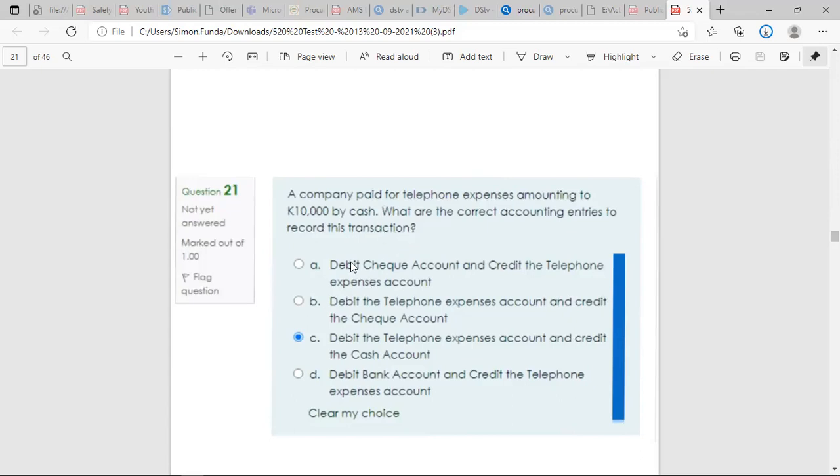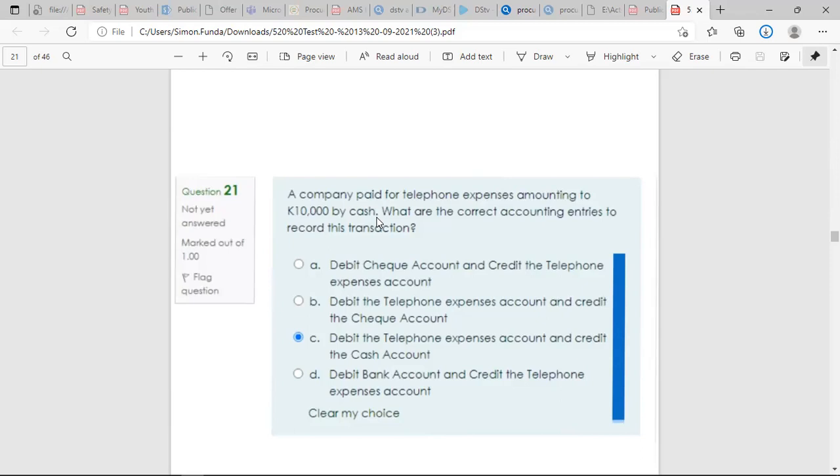So when you are opening the ledgers that are affected by that account, you need to have in mind that it has two aspects, the debit aspect and the credit aspect. So when a company pays telephone expense, first of all, you are supposed to identify the two ledgers or the two accounts that are affected by that transaction. So from this transaction, we are supposed to identify the two accounts, the one which is receiving and the one which is giving out.